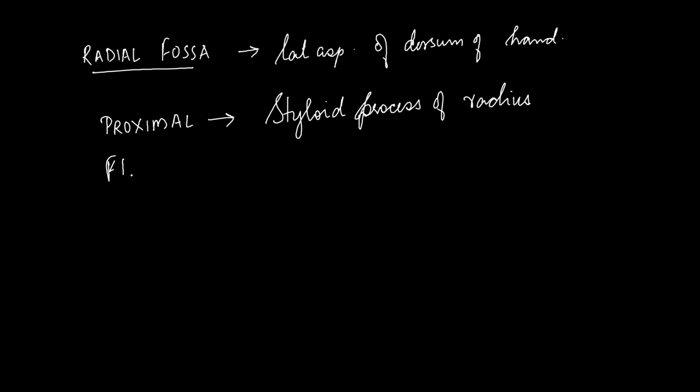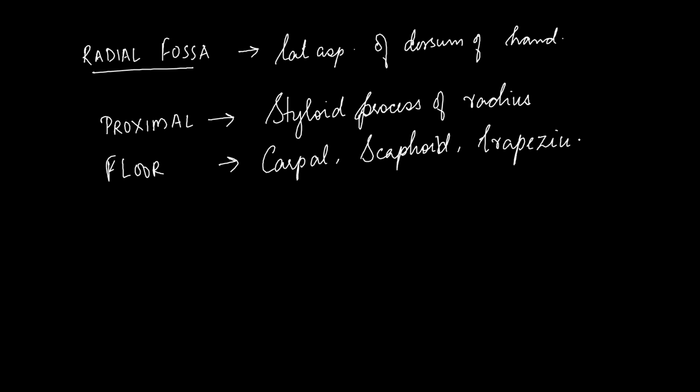And as the floor of anatomical snuff box, we have carpal bones, we have scaphoid, as well as we have trapezium. So these are the bones which you need to remember in relation with that of anatomical snuff box. So this was regarding anatomical snuff box. This has been asked again and again in the examinations.